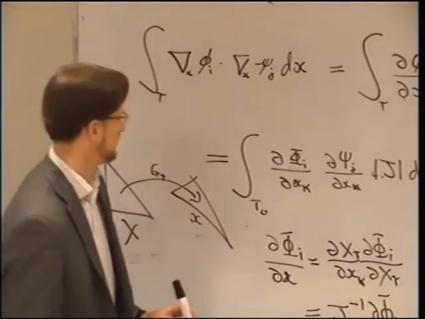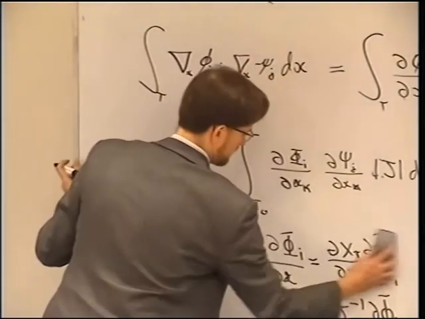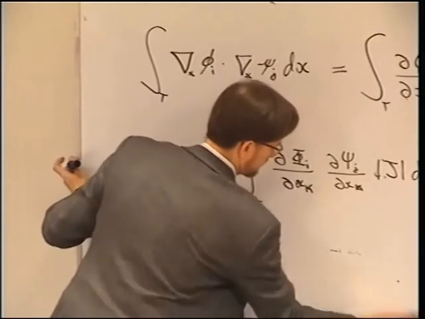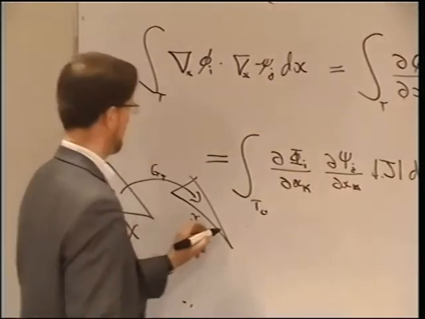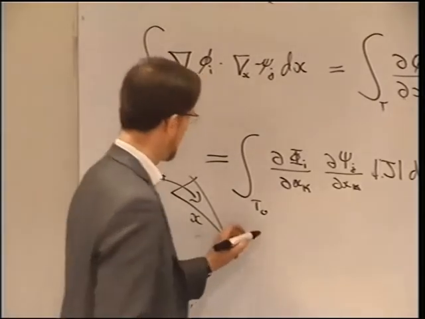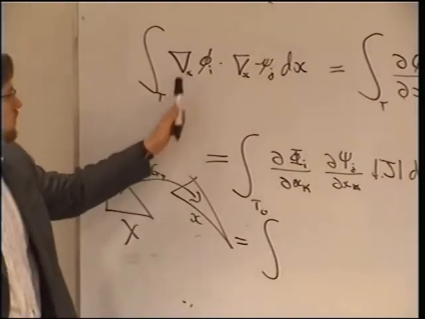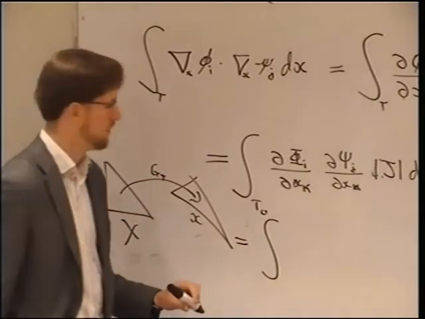So now, this thing here, I can now make very compact by shifting back to vector notation.